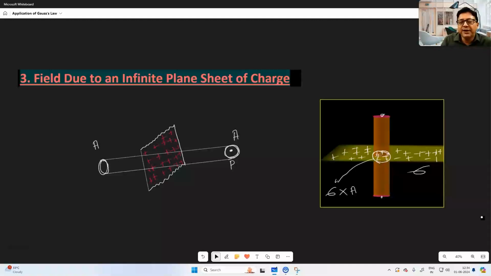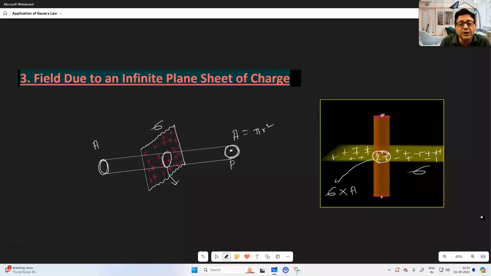It is sigma into area. Why did I say that? Because A is the area of cross section, which is equal to pi r square. I did not take pi r square over there, just simply writing it as A. So if the surface density of charge is sigma, at this portion how much charge is there? This is going to be sigma into area.